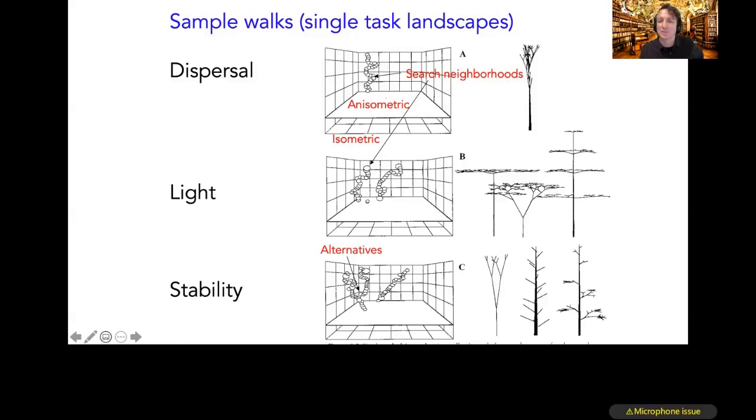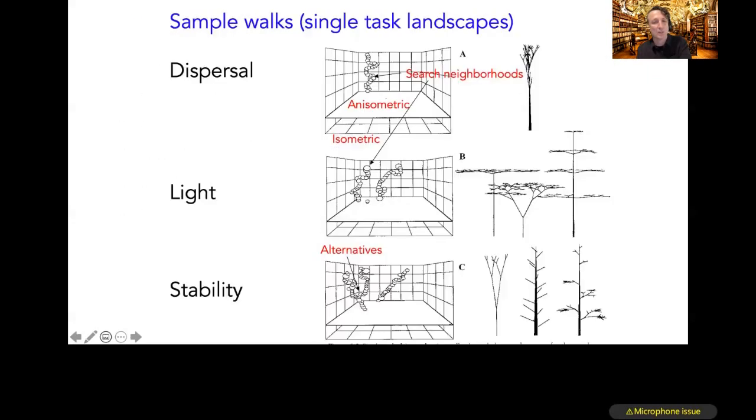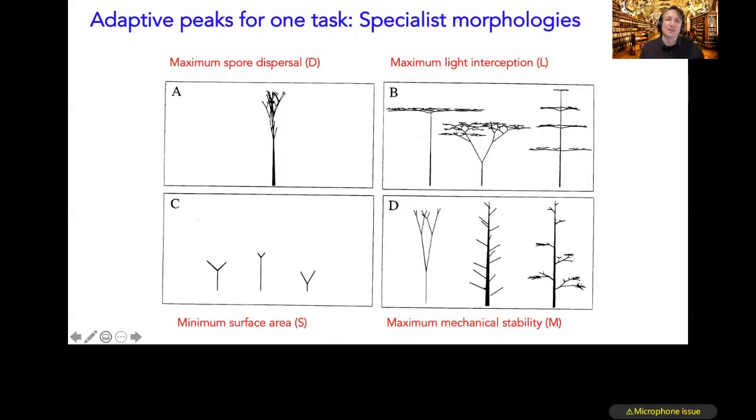From your simple Cooksonia beginning, if you wanted a phenotype that did best at intercepting light, this is the phenotype you would have. But if you wanted a phenotype that was best at being biomechanically stable, these were the phenotypes that emerged. So notice, from a simple, humble beginning of Cooksonia, we could select in different environments for differences in architectures that did best in dispersal, light interception, or biomechanical stability.